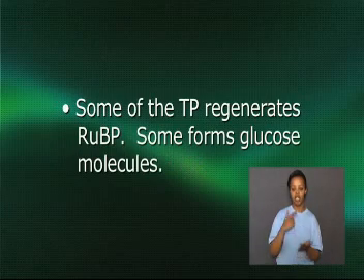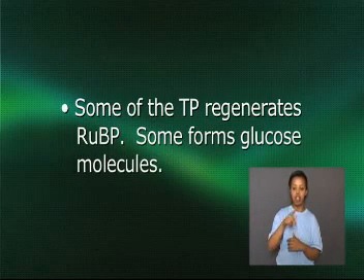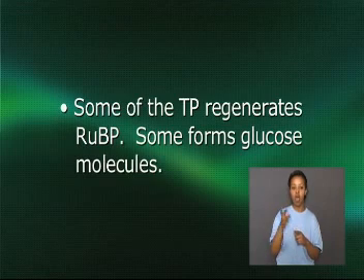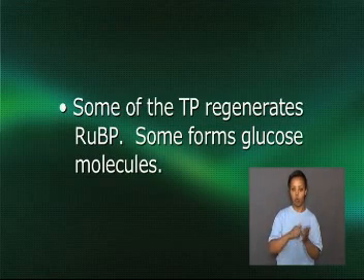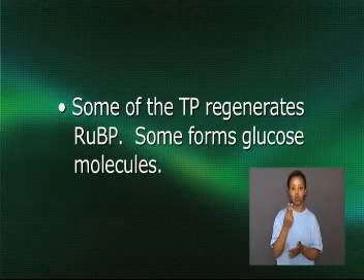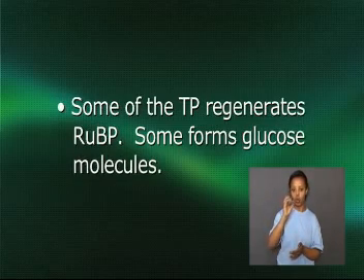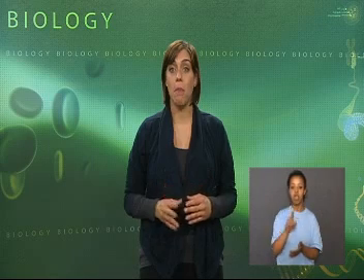Some of the TP formed regenerates RUBP, while some is used to form glucose and other organic compounds. 3 turns of a cycle are required to output 1 molecule of TP. 1 molecule of glucose requires 2 molecules of TP, which means that 6 turns of a cycle would be required.